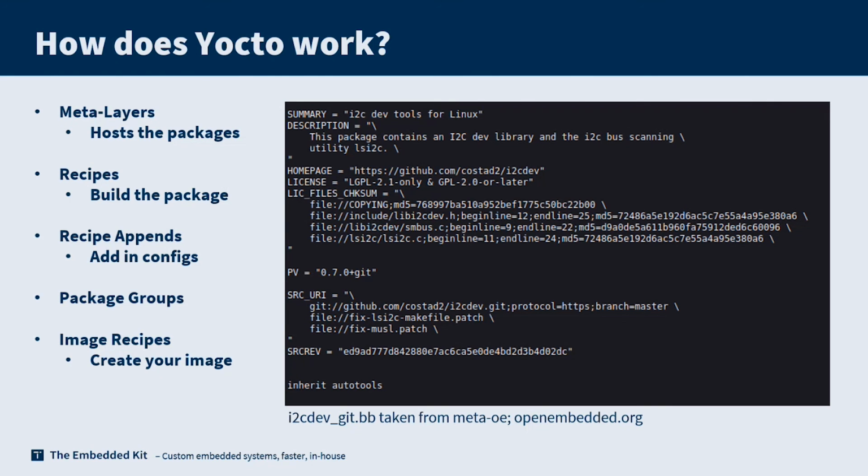And you could use that inside of an image recipe to create the image. So the image recipe will take any combination of package groups and individual recipes, and this is the big recipe that will take everything and kind of bring it all into one image. And this will be the image that your system uses.